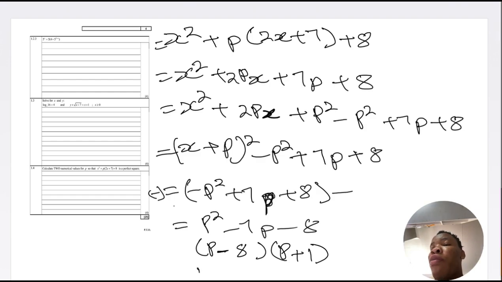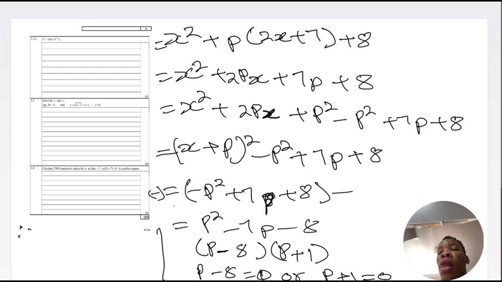So the values for p will have p minus 8 equals to 0, or p plus 1 equals to 0. Therefore, p is equal to 8, or p is equal to negative 1.